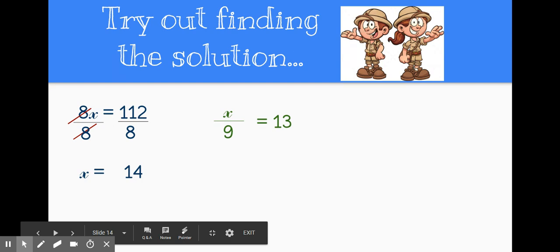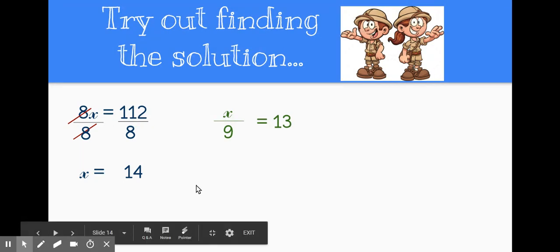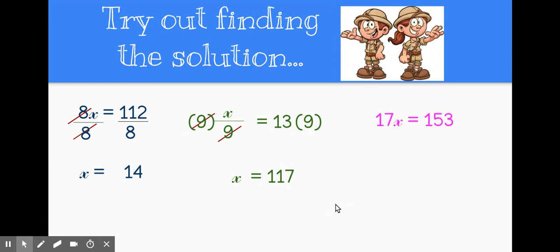Now the green, x divided by 9 equals 13. The opposite of dividing by 9 is multiplying by 9, so both sides should be multiplied by 9. This lets us cancel the opposites, dividing and multiplying by 9, and simplifying to x equals 117. One more. 17x equals 153.